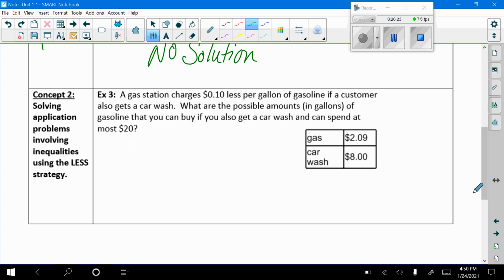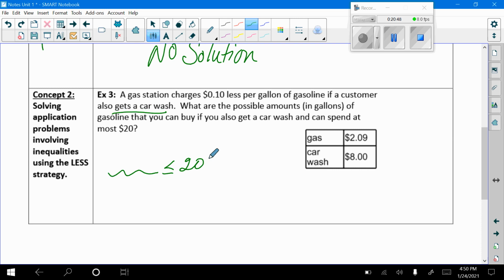Concept 2 of inequalities here. The gas station charges 10 cents less per gallon of gasoline if a customer also gets a car wash. What are the possible amounts in gallons of gasoline that you can buy to also get a car wash and that you can spend at most $20? Well, what I can spend is at most, so less than or equal to $20.